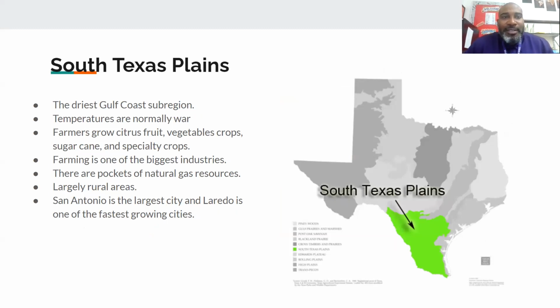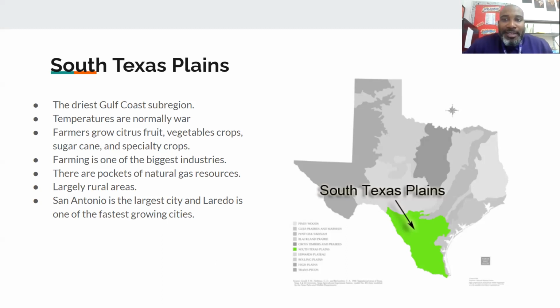The South Texas Plains is one of the driest regions in Texas. Temperatures are normally hot, very warm. Farmers grow citrus fruit, vegetable crops, sugarcane, and specialty crops.